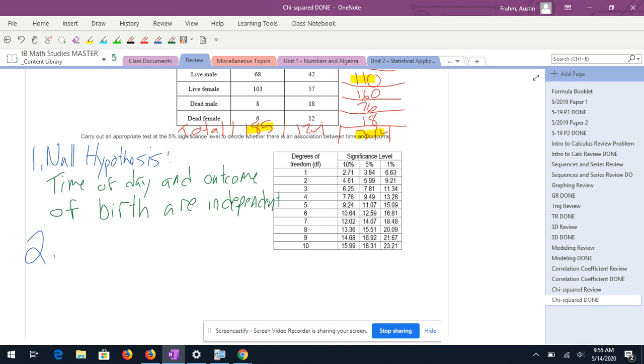That would help you calculate the chi-squared critical value. But they give us the significance level already, so let's save some time and not calculate the critical value. Let's just use the significance level and the p-value.